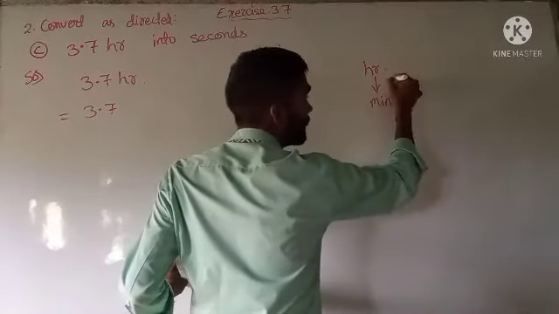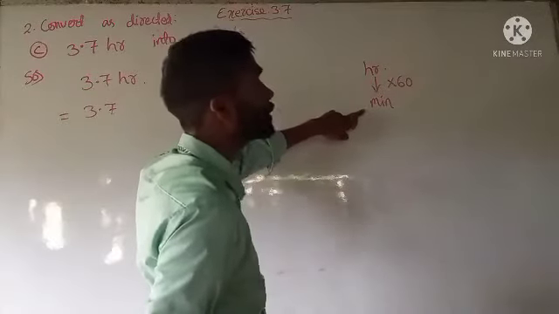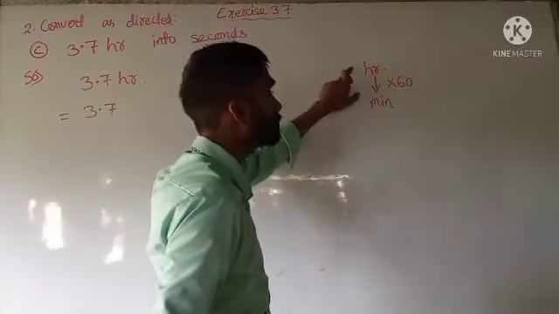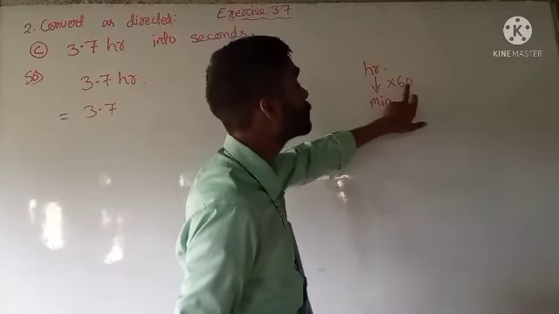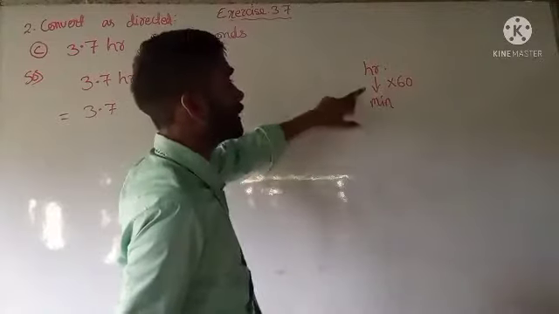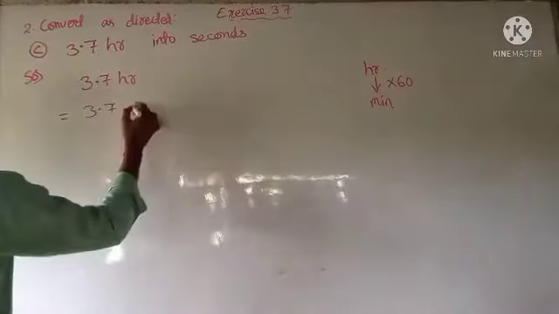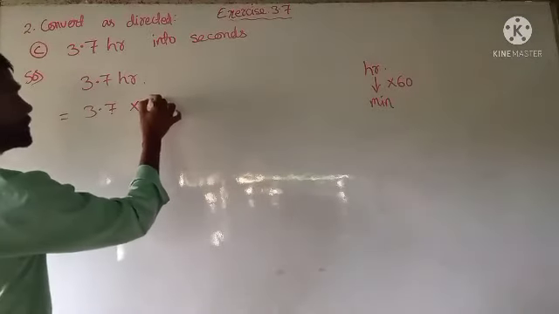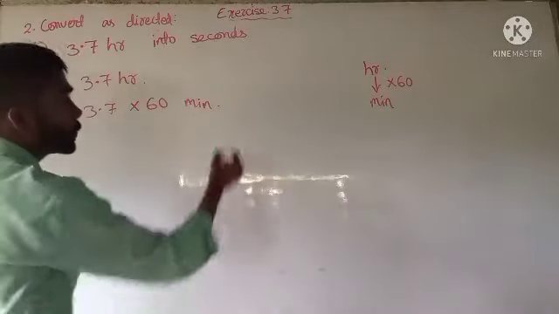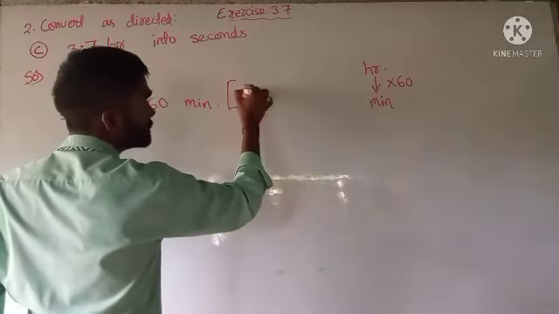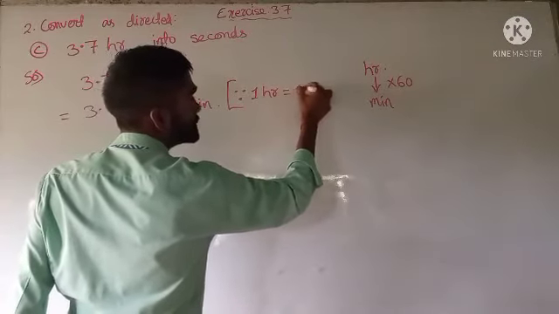We'll have to multiply it by 60, because when we are converting from greater unit to smaller unit, we need to multiply it. So here we need to multiply it by 60, because in 1 hour it has 60 minutes. So here 3.7 into 60, and the unit will change into minute. So we'll write the reason here, since 1 hour is equal to 60 minutes.